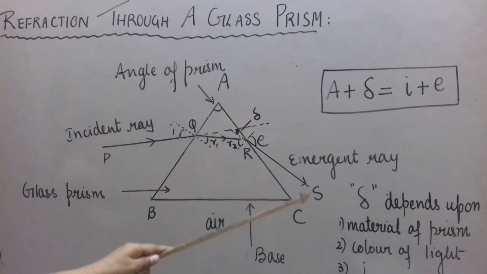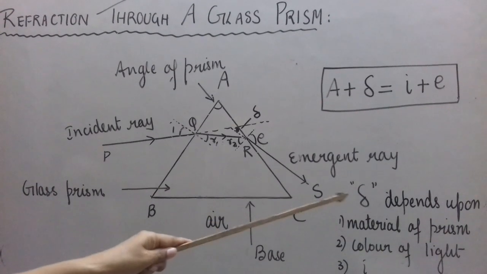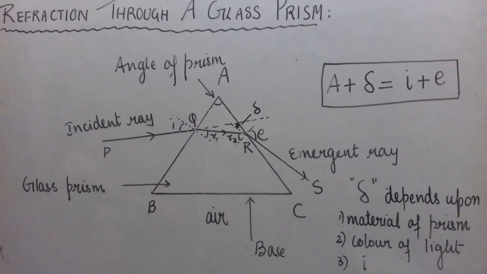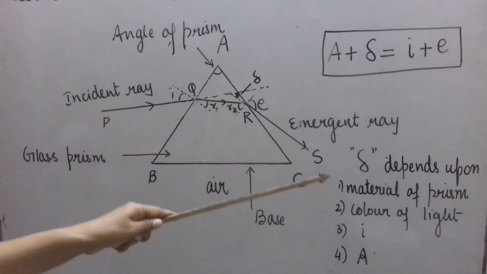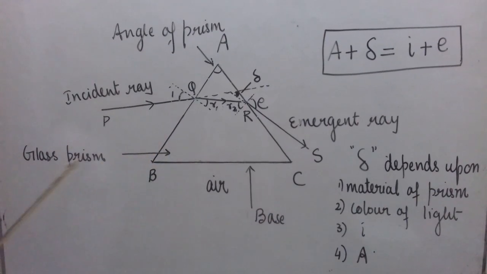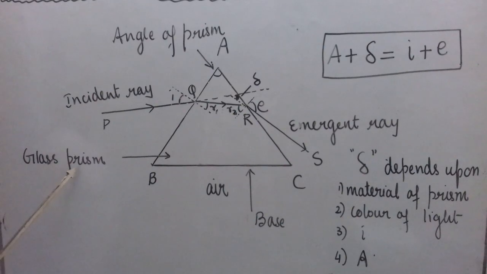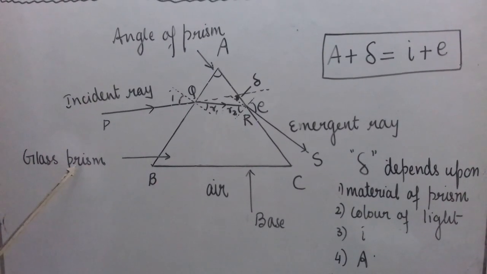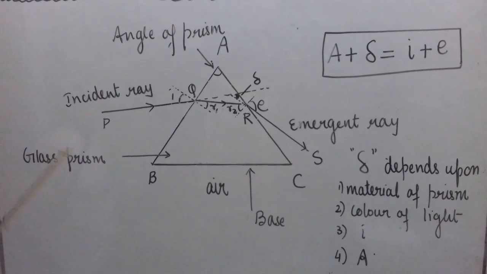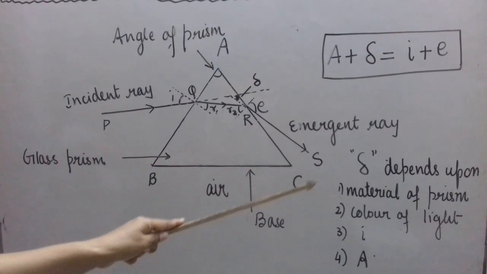Now this delta, angle of deviation, depends upon which factors? These four factors. 1. Material of prism. We know it is made up of glass. Actually, it can be supposed it is made up of glass, but different glasses have different refractive index for a given color. So, delta depends upon material of prism.